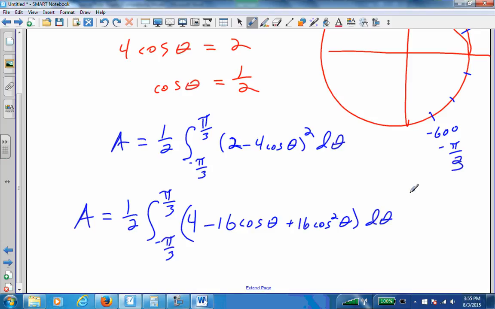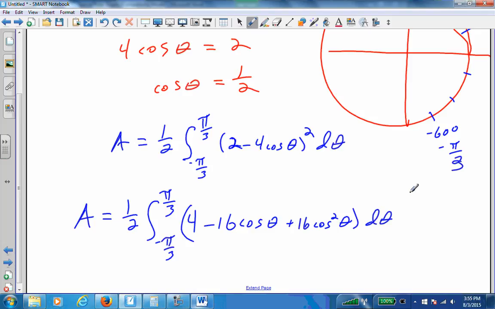Integrate this, we just pick up our variable, minus 16, integrate cosine, we get sine. And then to integrate that one, we've got to do the identity. So instead of 1 minus cosine 2 theta over 2, it's 1 plus cosine 2 theta over 2. So for time's sake, I'm not going to go all the way through that integral. We've already done this part and that part. We've really done that part.